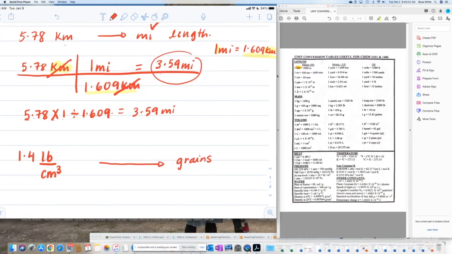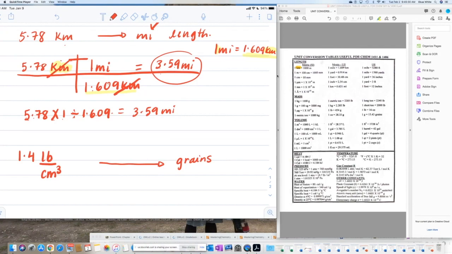Oh, okay. Did you get a different answer? Yes. I did multiply 5.78 to 1.609. Oh, yeah, you can't multiply because it's in the top and bottom. The ones that are on top are multiplied.